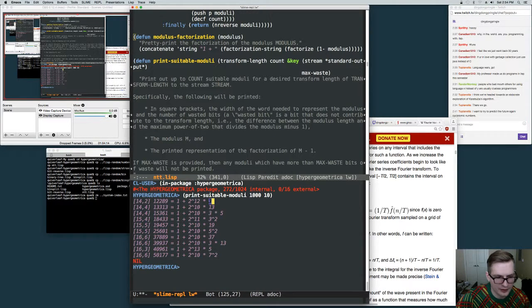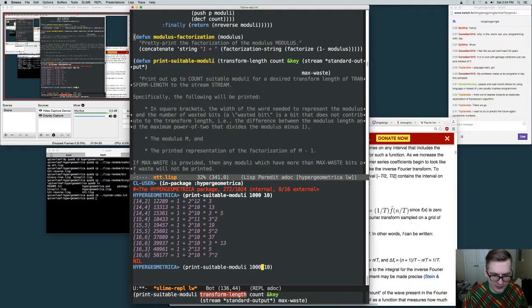On the other hand, we have kind of bad ones. A bad one might be this right here. We have 16 bits needed to represent this number, but 6 of those bits are wasted. So let's instead look for numbers around, let's say we want to do a billion.